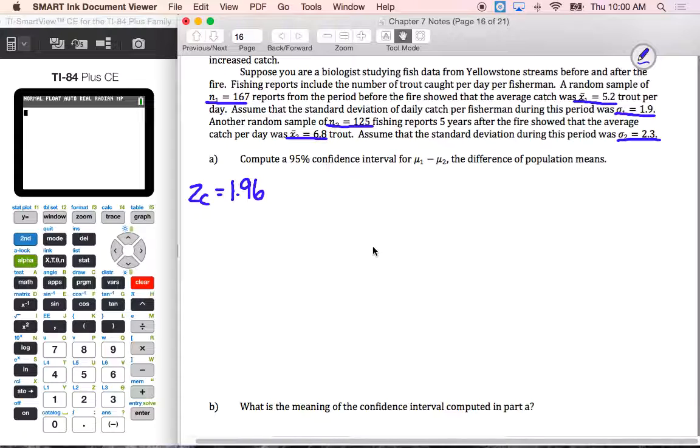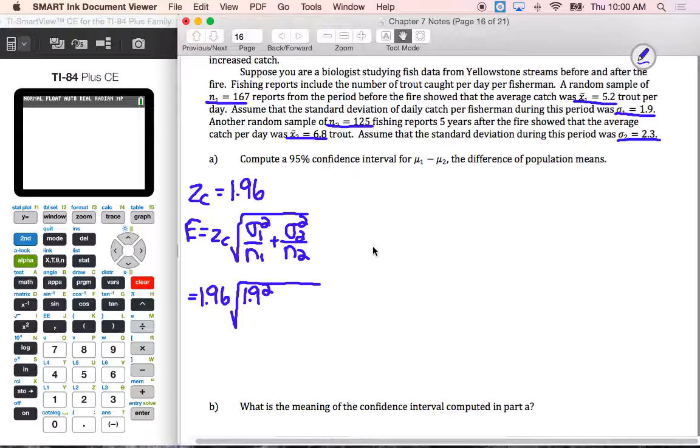So for our equation, I have 1.96 times the square root of 1.9 squared over 167 plus 2.3 squared over 125.